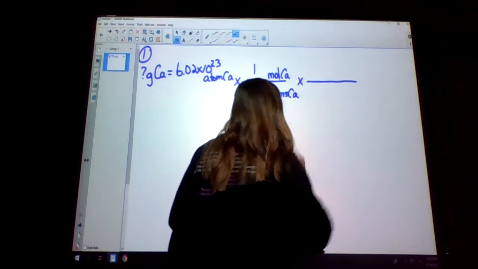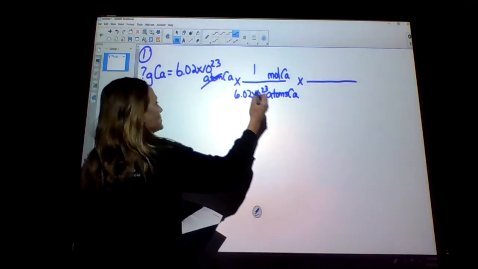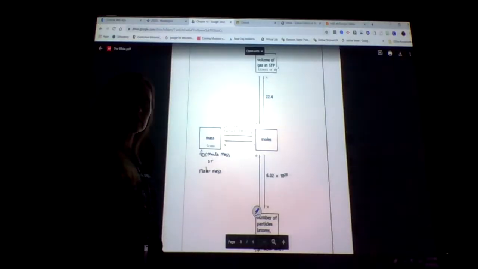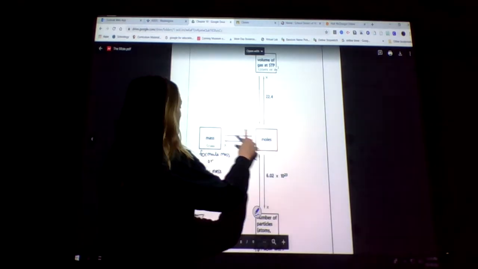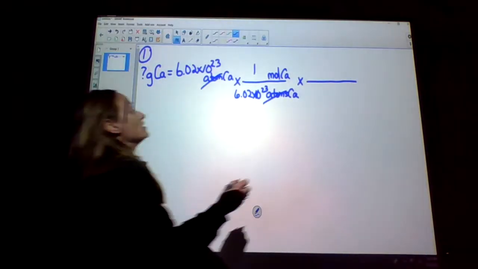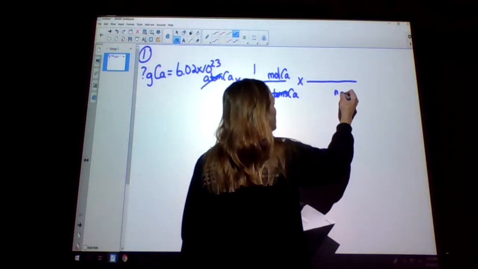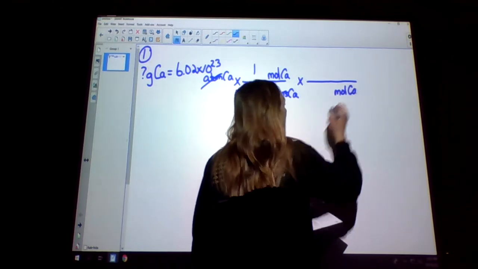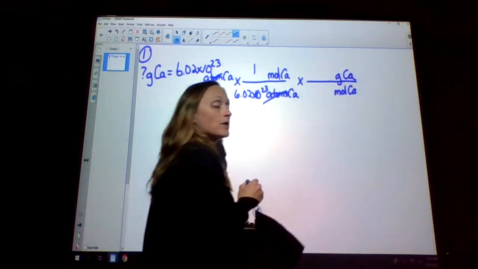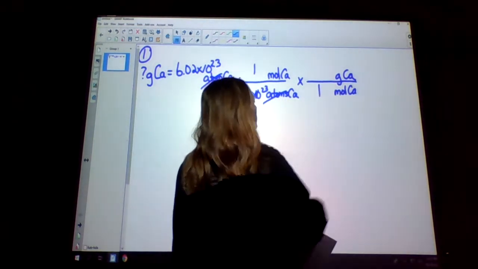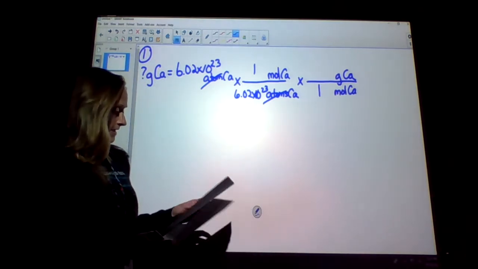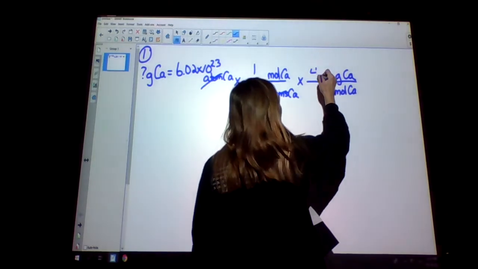Now your atoms cancel out and we're at moles. So for your next equality, we're going to go moles to mass. So if we want moles to cancel, moles will go in the bottom, and mass or grams will go in the top. And again, it's 1 mole. We go to our periodic table, we look up the mass of calcium, and that is 40 grams.